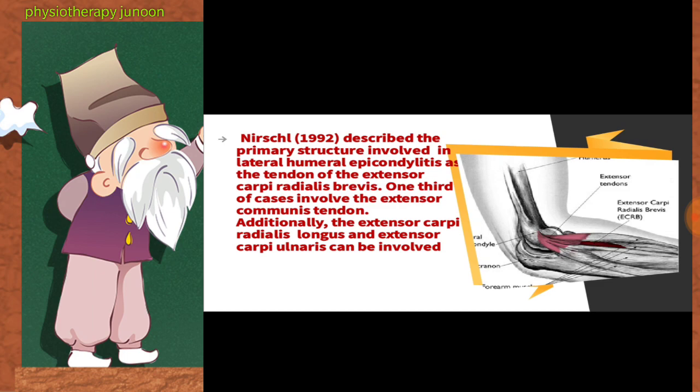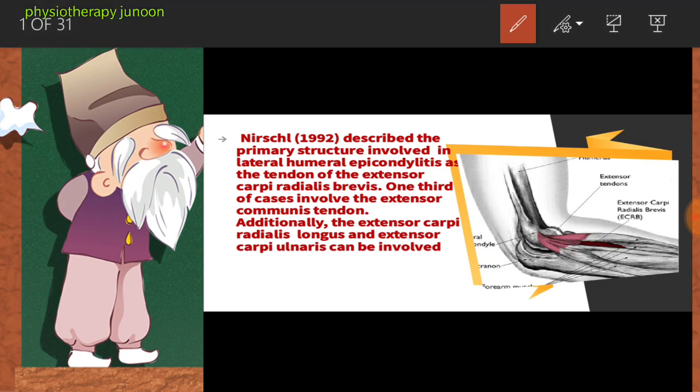One third of cases involve the common extensor tendon, and additionally the extensor carpi radialis longus and extensor carpi ulnaris can be involved. Here you see in the picture the extensor tendon and the extensor carpi radialis brevis tendon, and the extensor carpi ulnaris involved in this.